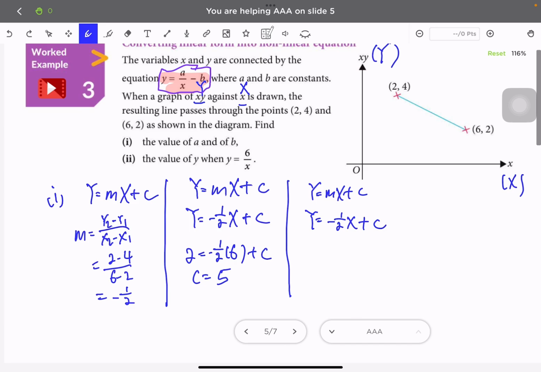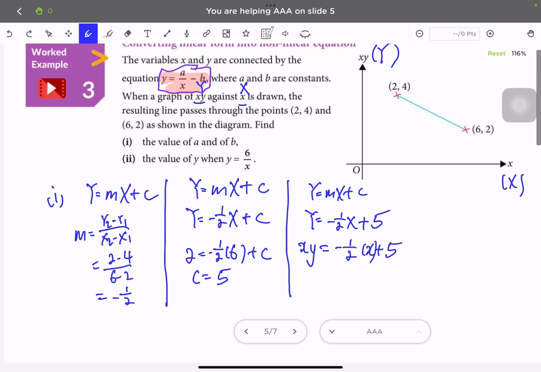Now xy is the big Y, so I substitute xy back. Using the small x, xy equals negative half x plus c. Oh, sorry, the c I should have written as 5.